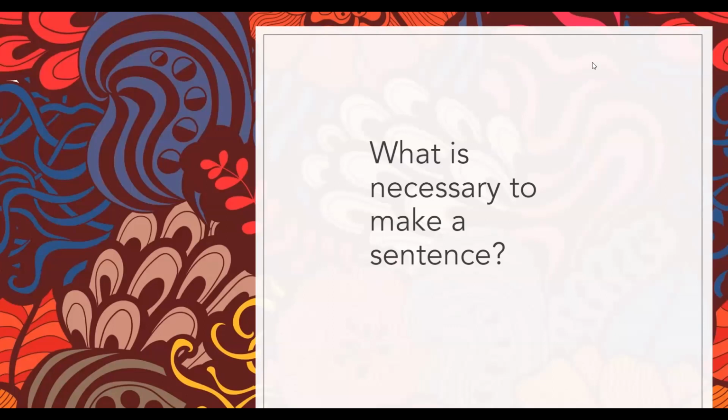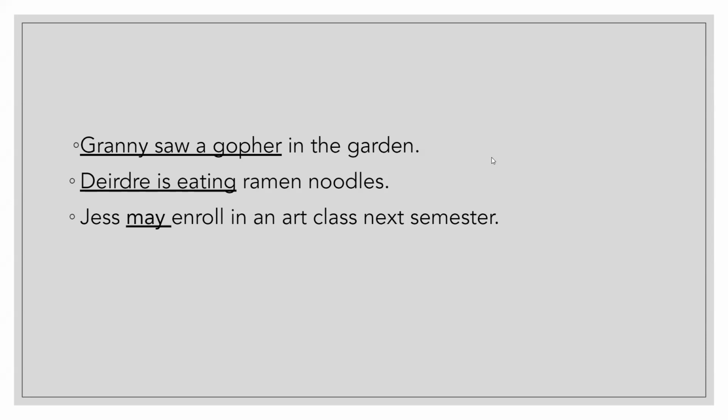And if you remember from Chapter 7, we looked at some examples, right? And in the first example, we said that subject, verb, and object seemed very necessary, right? With the verb see, we really like to have a direct object. If I just said Granny saw, it doesn't feel like a complete sentence, a complete idea.